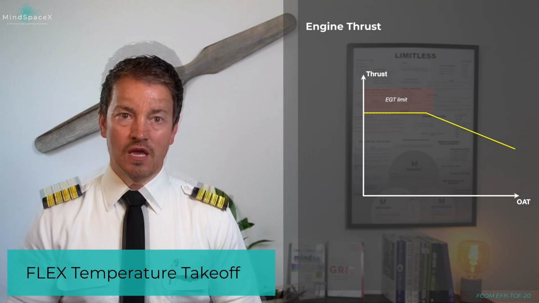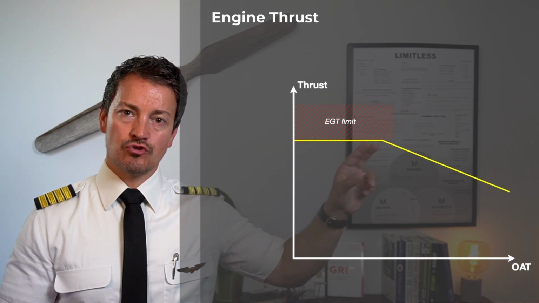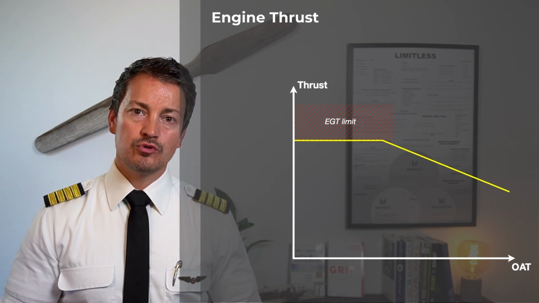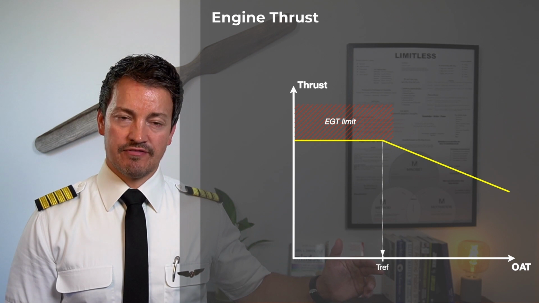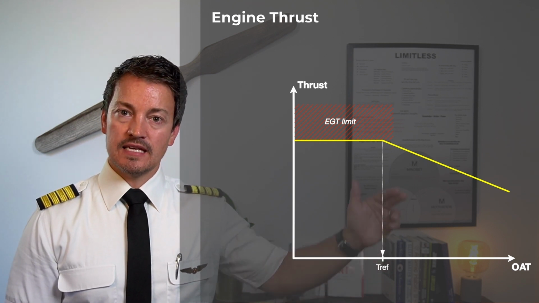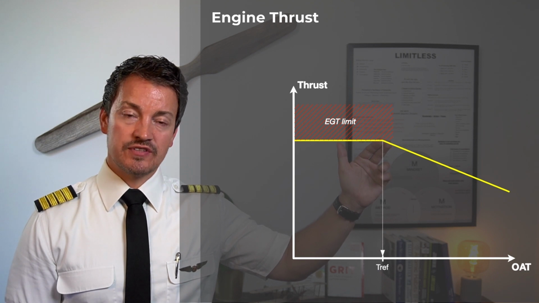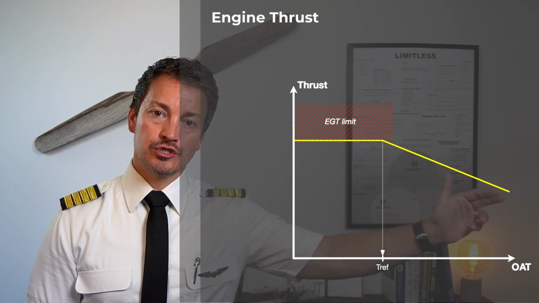Flat rating. If you bring it a little bit closer right here, then we can see that our temperature graph produces a value for a temperature that we call Tref. Tref, reference temperature, is the temperature above which the engine loses performance.